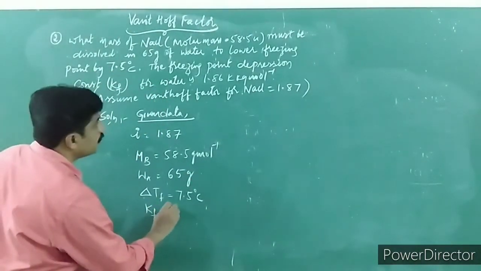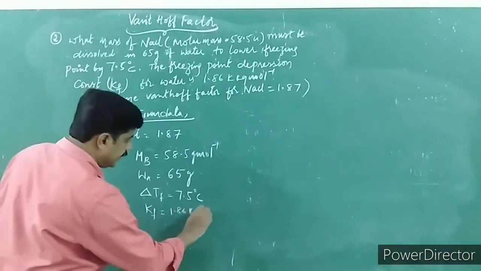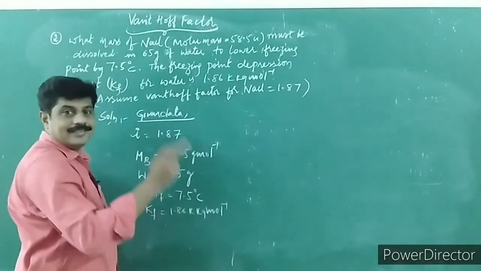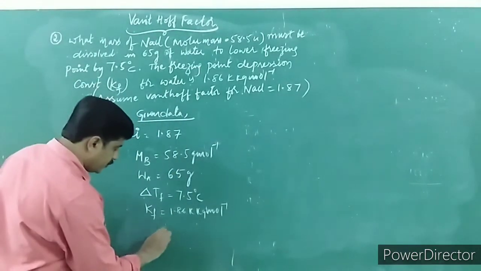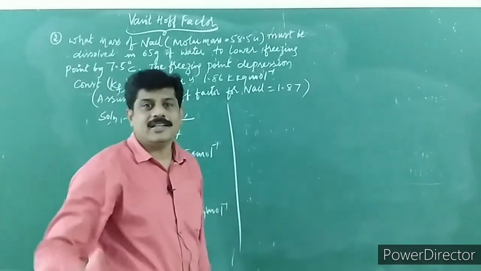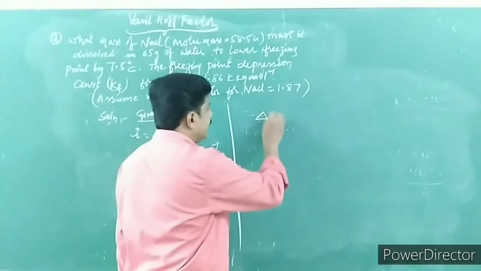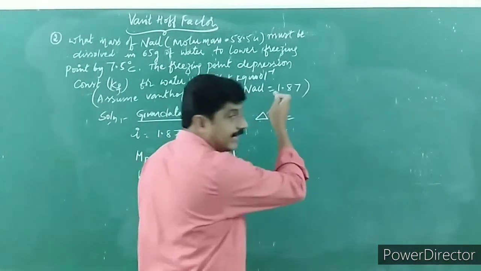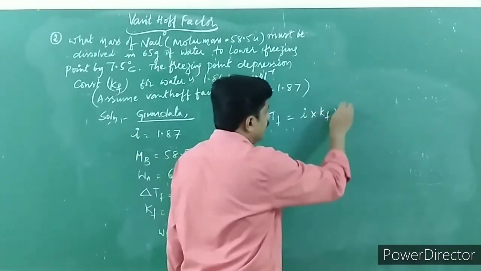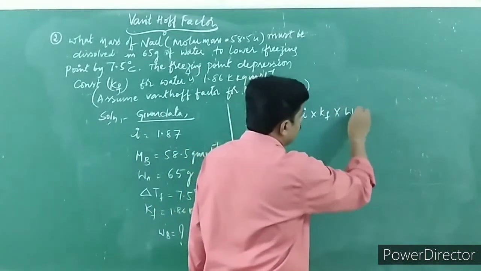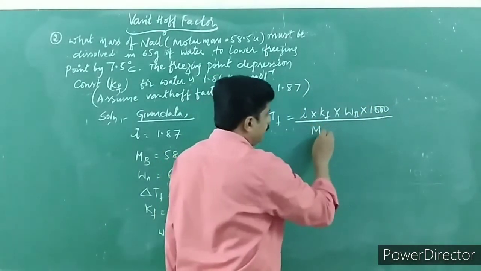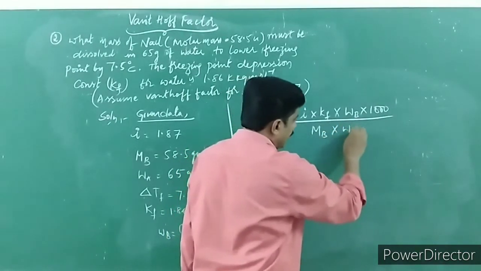KF is given, 1.86 Kelvin kg per mole. Look here, almost all covered, right? Now you are supposed to find out WB. Children, you know the formula. Delta TF is equal to, now I need to include i, the Van 't Hoff factor, i into KF into WB into 1000 upon MB into WA.